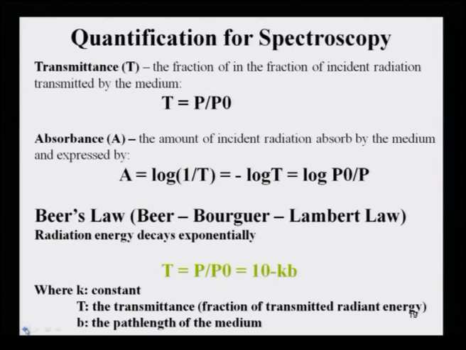Beer's, Bouguer's, Lambert's law: radiation energy decays exponentially and T, that is the transmittance, is always proportional to P over P0.